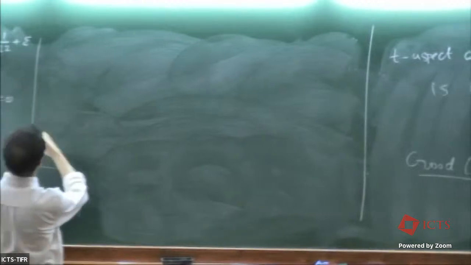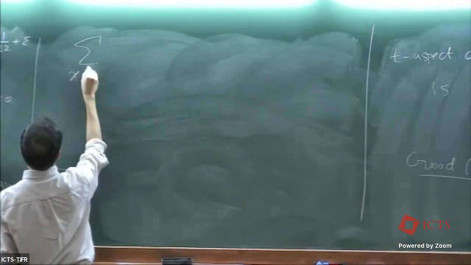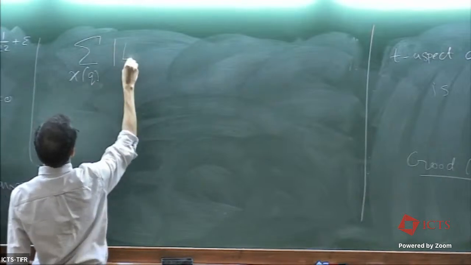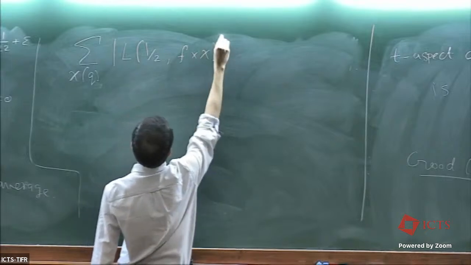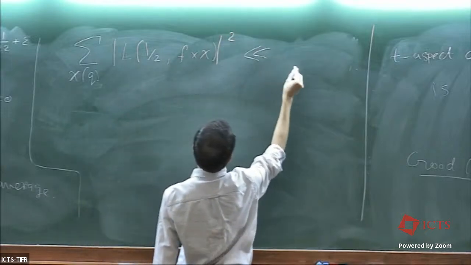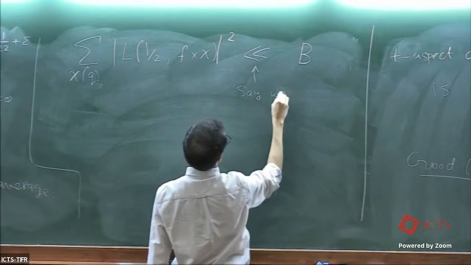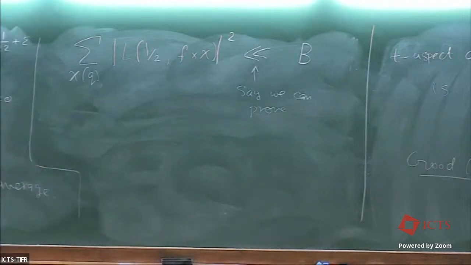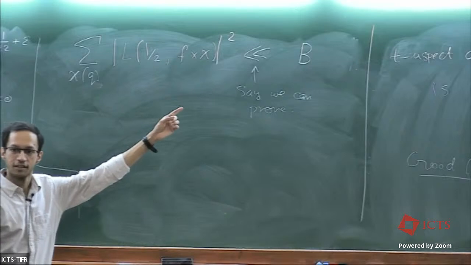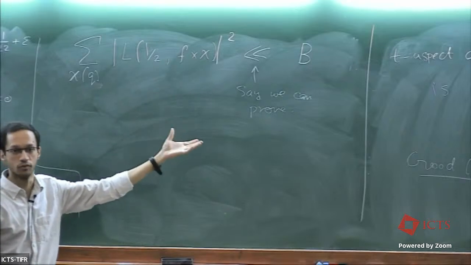So the kind of object that they were considering was something like this. And let's say we can prove this particular bound. Now you're summing up a bunch of positive numbers. So this whole bound is going to be true for each of these.